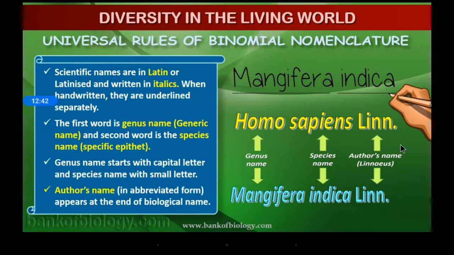Okay, so generally the question that is going to come from this is, in a wrong way, they will give the scientific naming and you will be asked to correct it and write it. So what are the rules?